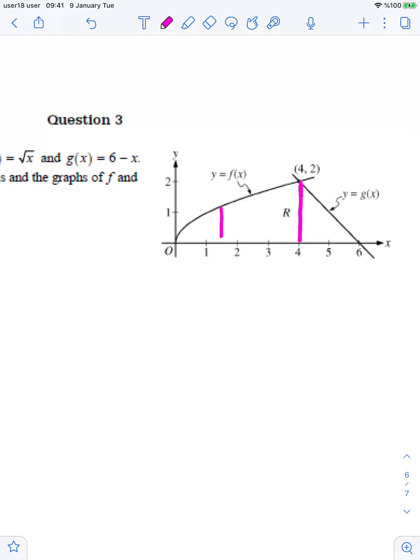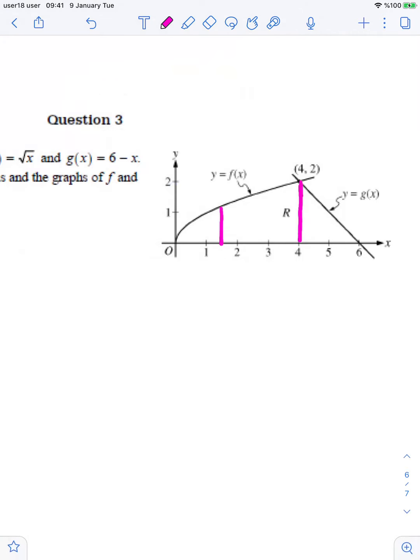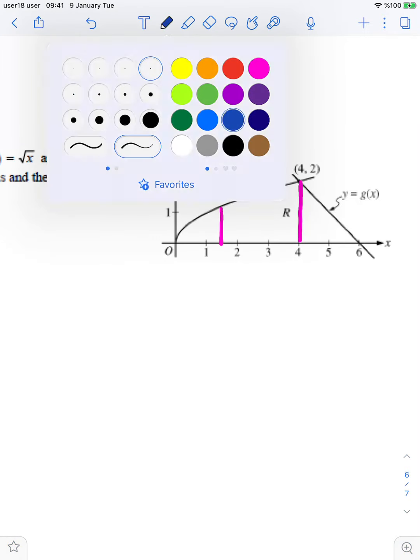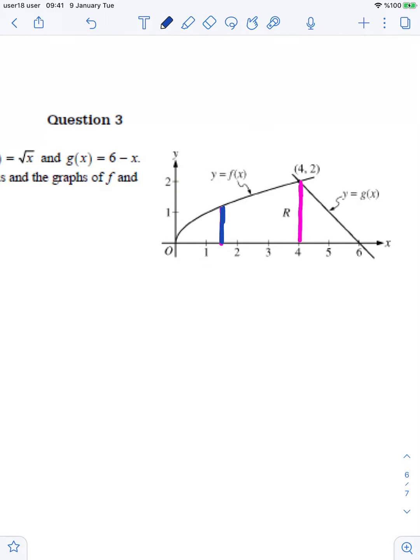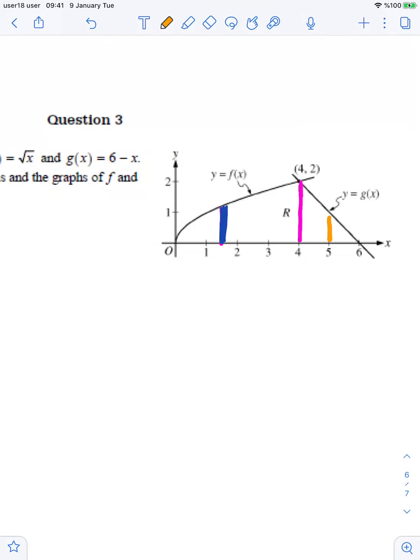So our rectangles, let me use a different color. We've got these rectangles here, which are only bounded by y equals f of x, and then we've got rectangles over here which are only bounded by g of x, which is 6 minus x.